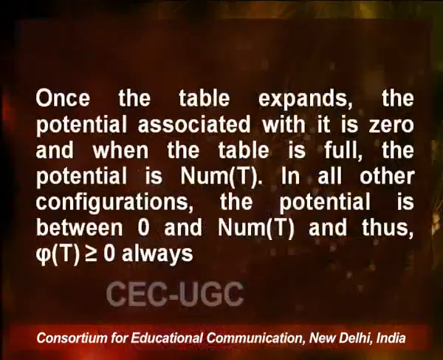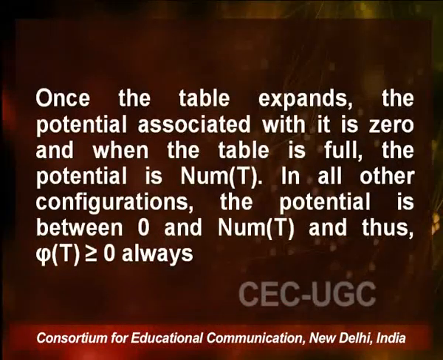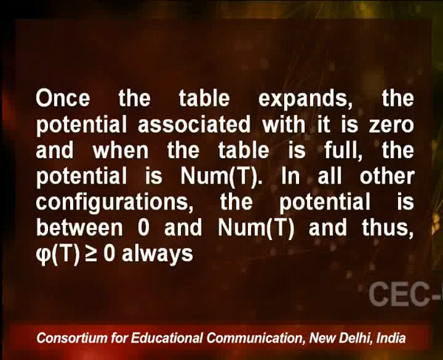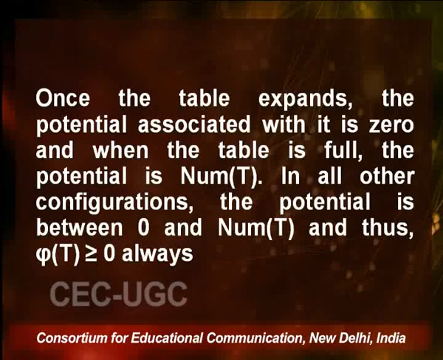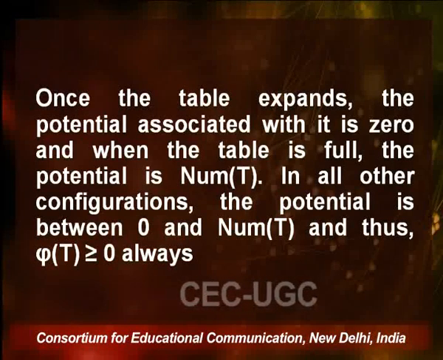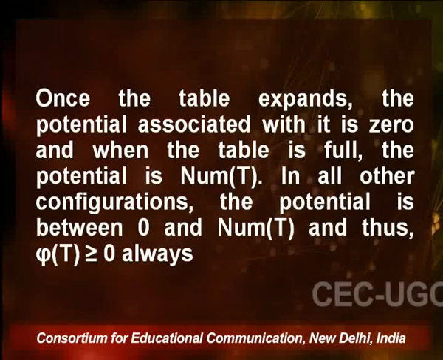Now we can see that once my table expands, the potential associated with it is 0, and when the table is full, the potential is num T, and in all other configurations the potential varies between 0 and num T. So we can say phi of T is greater than or equal to 0 always, and here we have the positive potential which we looked for.